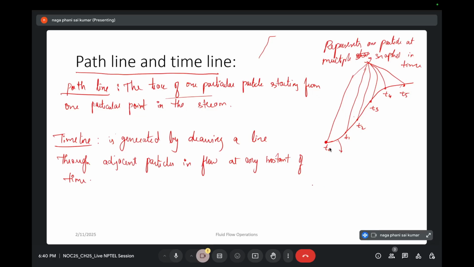One more thing: in case of a steady state flow, stream, path and streak lines are all the same. So we cannot distinguish between streamline, path line and streak line. This is important, and it is only valid in steady state flow.